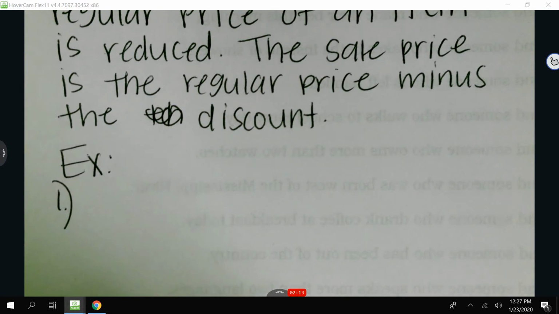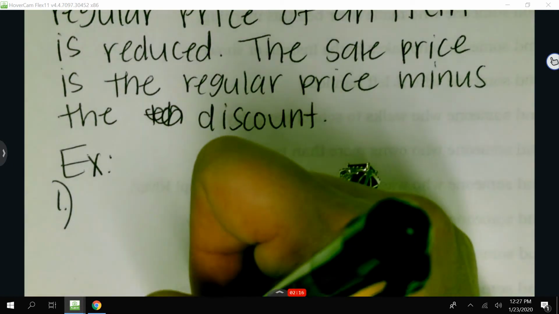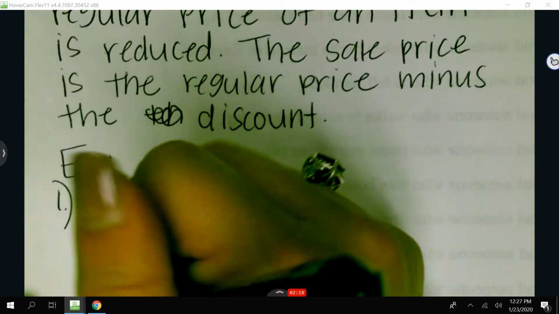All right, so example 1, we want to find the price of a $69.50 tennis racket.